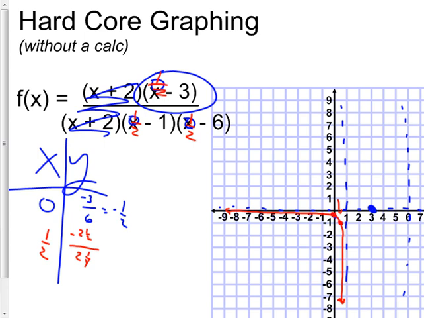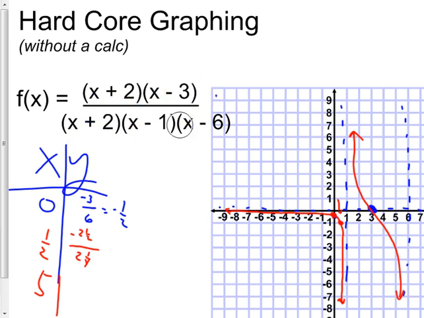So here is my graph starting to form. This one, I think, ends up going like this. And yes, they can cross asymptote lines in these problems. How would I know for sure? I could stick in more points. This is the part where it gets really tedious. If I want to stick in a 5, I've got to go back, clean this off, and stick in a 5.